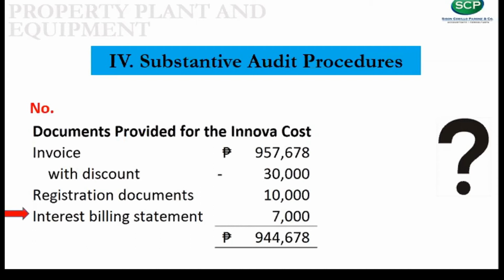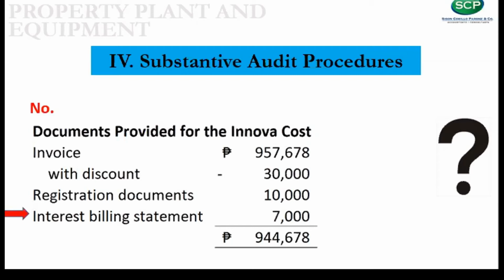So if they agreed to remove the 7,000 from the cost of the vehicle, make sure to get the entry not only for the removal of the cost, but for the removal of the related accumulated depreciation, also related to that 7,000 pesos.